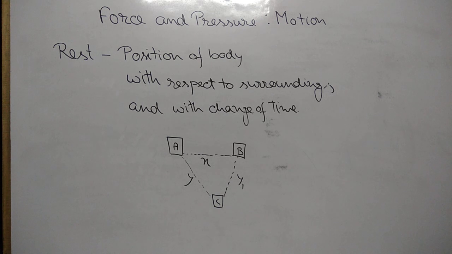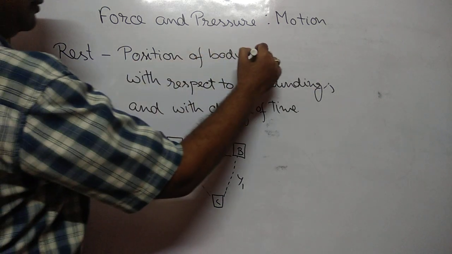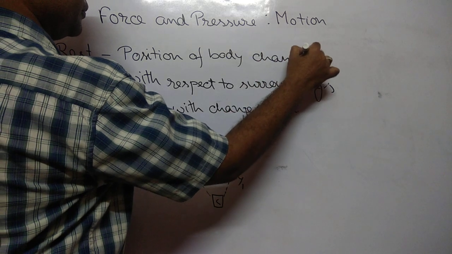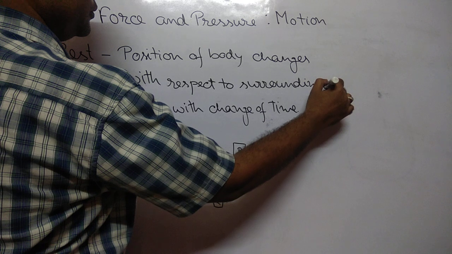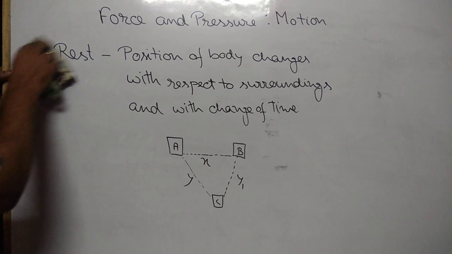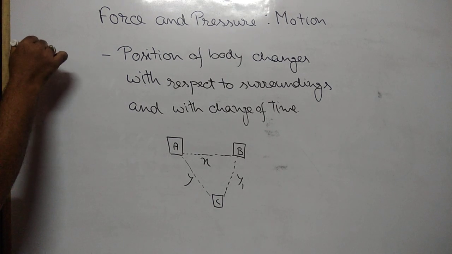Now see, I erase some words and we can write: position of a body changes with respect to surroundings and with change of time. This type of condition is known as motion.